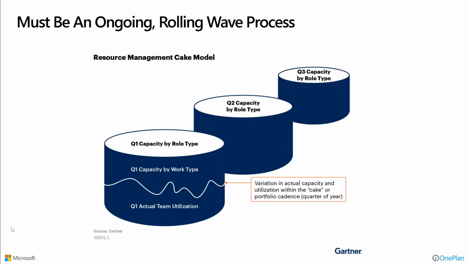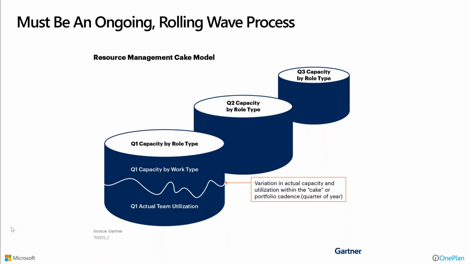And one additional concept, which has been accentuated even more with enterprise agile, is that we're really talking about rolling waves. So it's no longer an annual planning approach. And even if you've gone to quarterly planning, within quarterly planning you're looking at variations and changes that occur.